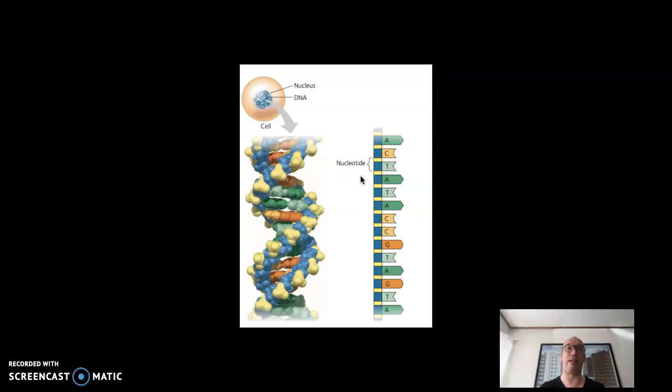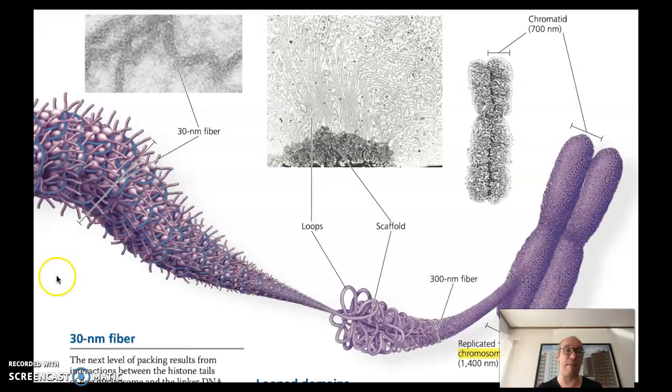So if you coil them up, you get a staircase like this, the double helix. If you coil them up even further, you get a fiber like this with coiled DNA. It's only 30 nanometers. And that coils up even tighter and further and further into a chromatid. And 2 chromatids together form a chromosome. The word chromos is color in Greek, and soma is body, so colored body.